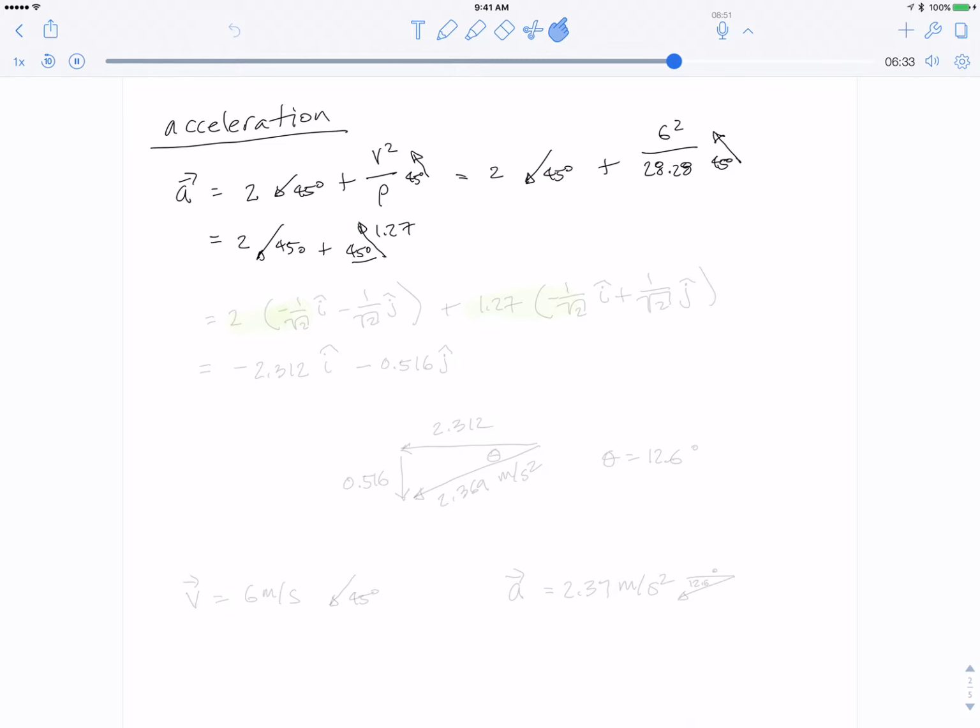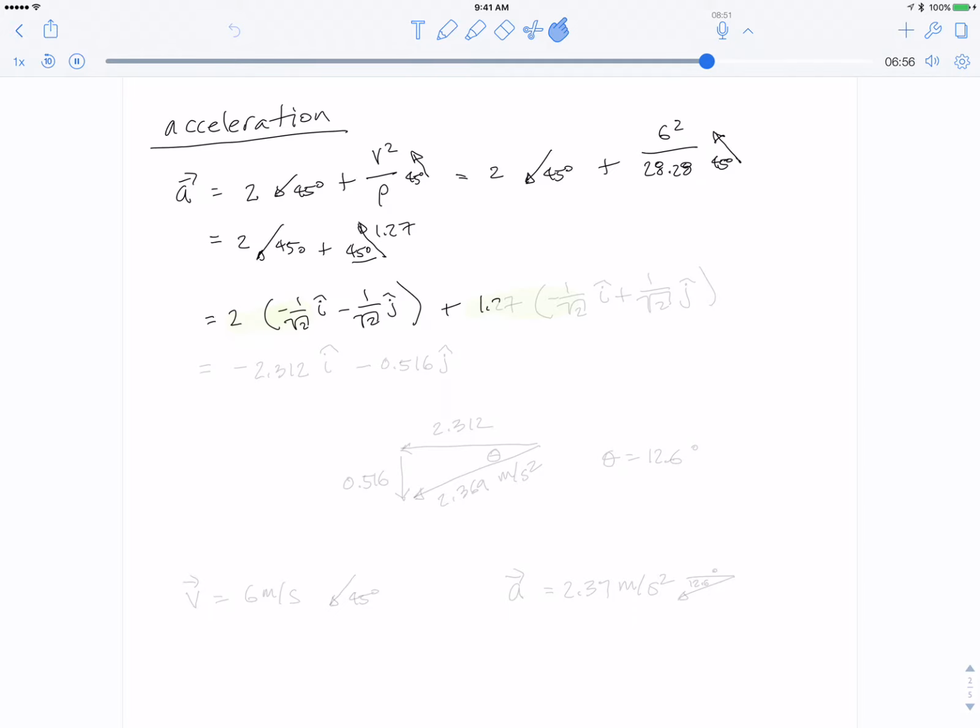So I'm going to proceed from here a little different than what the book does. I'm going to break these vectors into their x and y components. So that's going to be 2 times minus 1 over root 2 i minus 1 over root 2 j. Okay, so that's a unit vector going down to the left at 45 degrees.